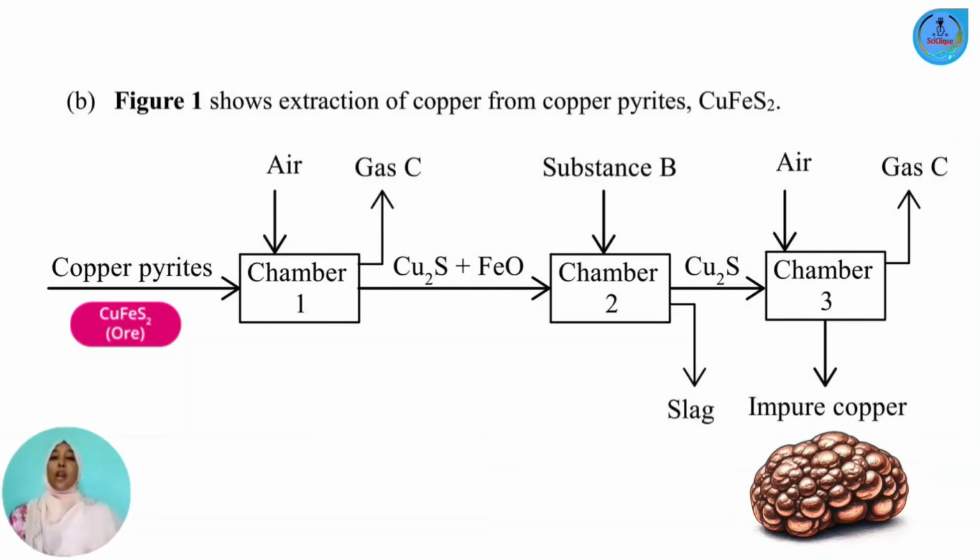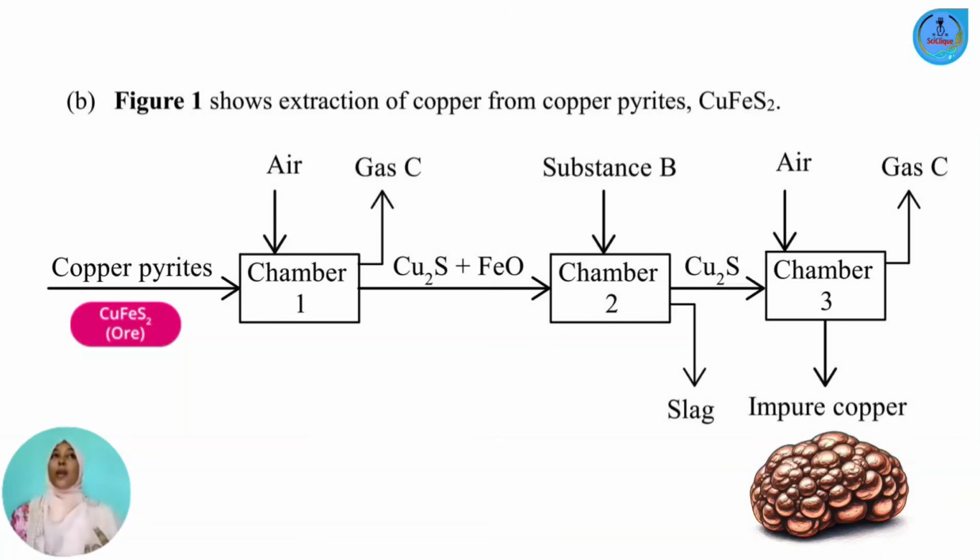So in the second reaction, we are going to have the copper 1 sulfide. Remember, only some of it reacted with oxygen. So we're going to have the remaining copper 1 sulfide reacting with the newly formed copper 1 oxide. Let's pause there.